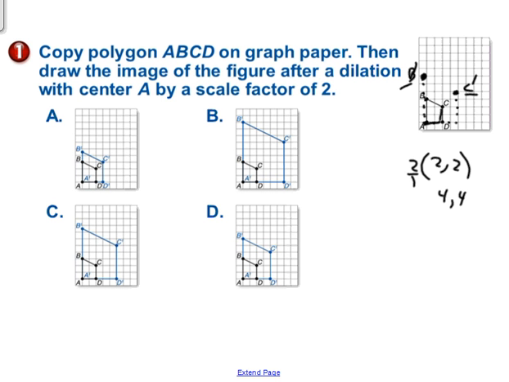D is over 1, 2, so that is 2, 0. If I take that times 2 over 1, it would become 4 over 0, or 4, 0. So it's 1, 2, 3, 4. And my figure becomes like that.